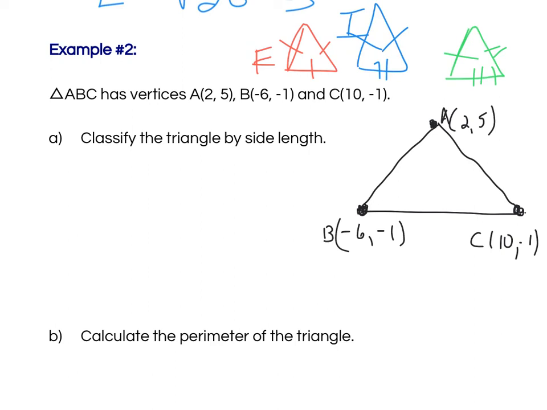The accuracy doesn't matter here because I'm just doing it to help me visualize. Now I have to determine each of the three side lengths and then compare them. I'm going to determine the length of AB, the length of BC, and the length of AC as well. Take a minute to calculate those three side lengths and see how you do, and that will help us to classify the triangle.